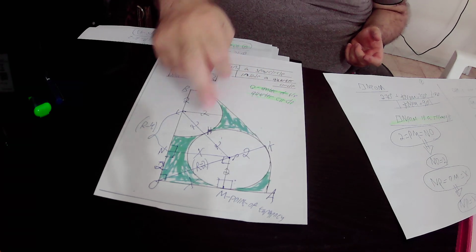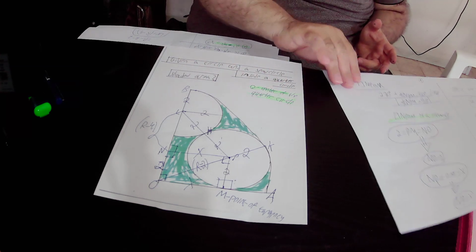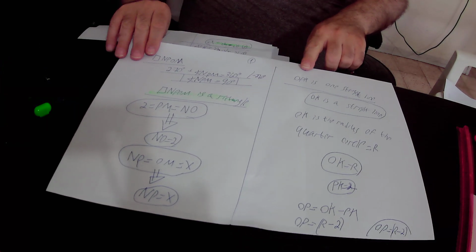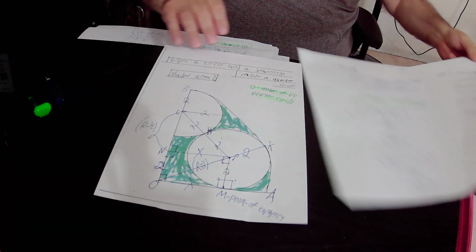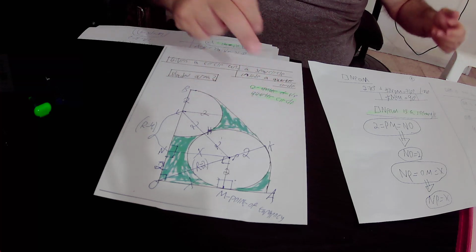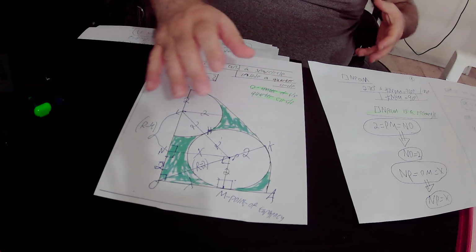That is to say, OPK is one straight line. Okay, you can conclude from it that OPK is one straight line, or in other words, you can also say that points O, P, and K are all located on the straight line.